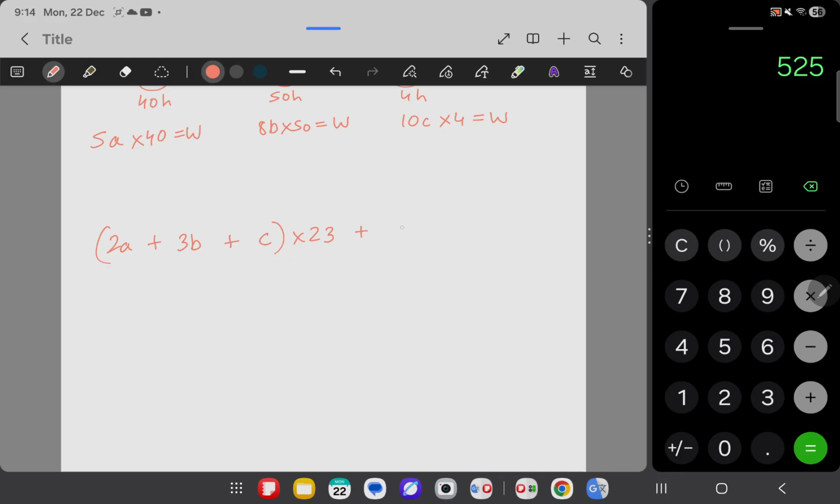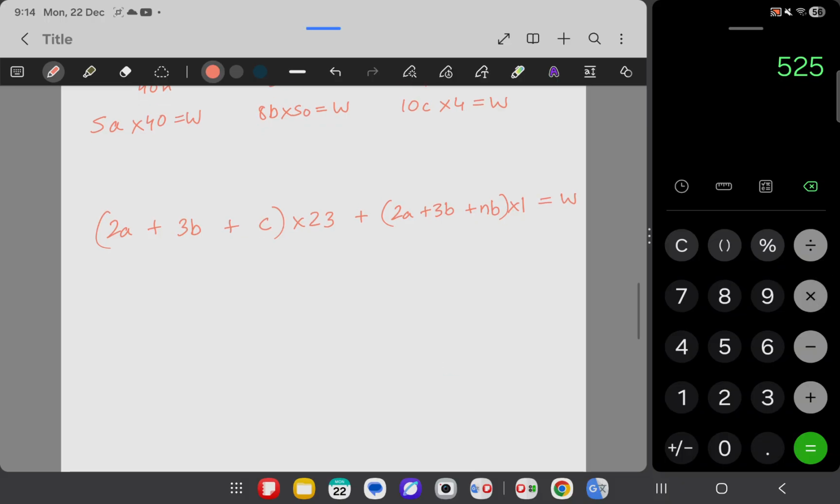For the next 1 hour we still have 2 members of A, we still have 3 members of B, and we don't know how many members from B again we need to take for the next 1 hour, so that the total work will be W only. Okay, so we need this n.